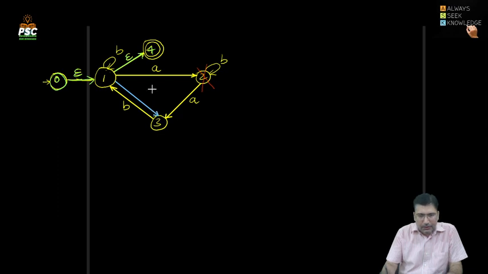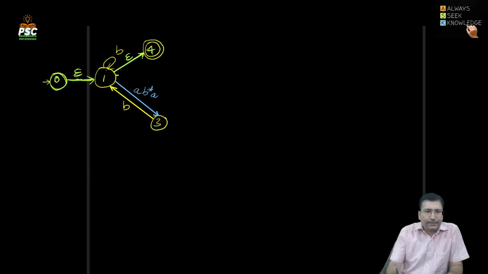But on this path, we need to maintain whatever we were getting from there earlier. So it was A B star A, A B asterisk A we were getting. And now we can eliminate this particular path. So this has been eliminated.